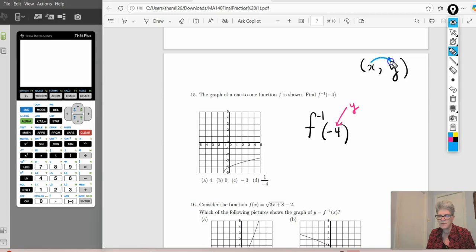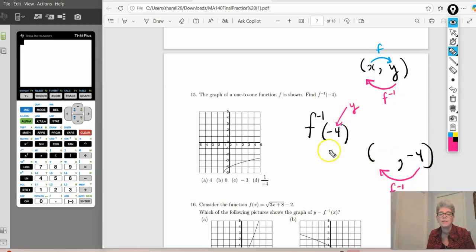So what f does is it maps x into y. What f inverse does is it maps y into x. So I'm looking for a point on the graph whose y coordinate is -4. And what f inverse is going to do is map that y coordinate into the x coordinate.